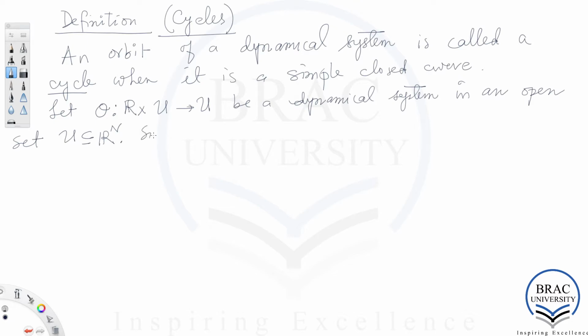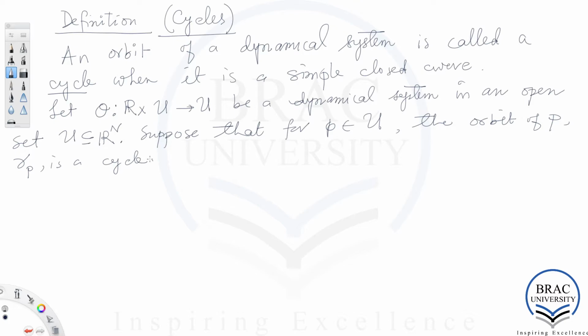Suppose that for P in U, the orbit of P, gamma sub P, is a cycle.